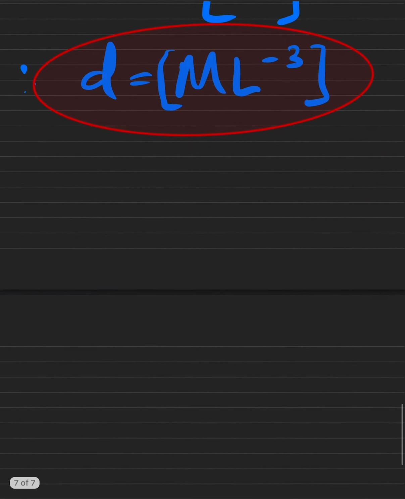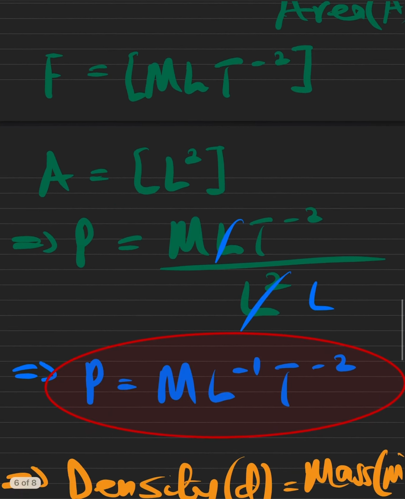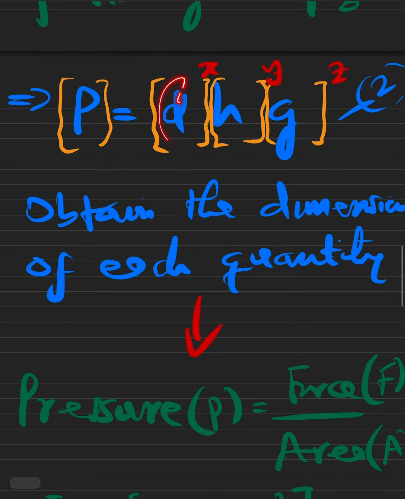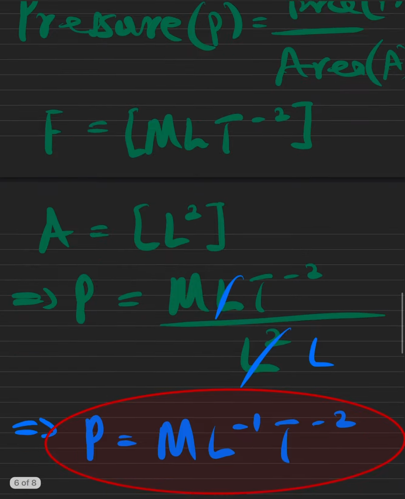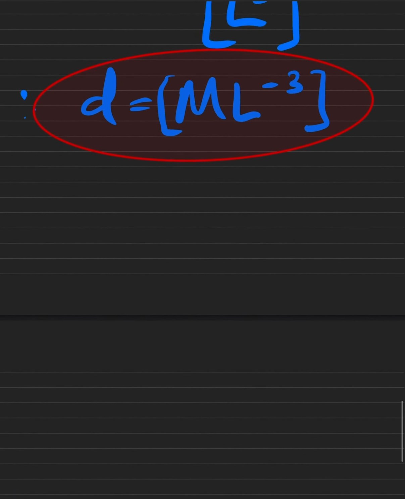The next one to do, if you notice, now we have been able to do the density. Now we are able to sort this out. The height is going to be very simple because that is just taken as length, so we don't need to waste time on that.